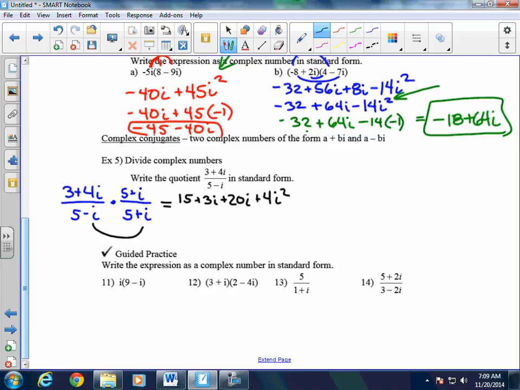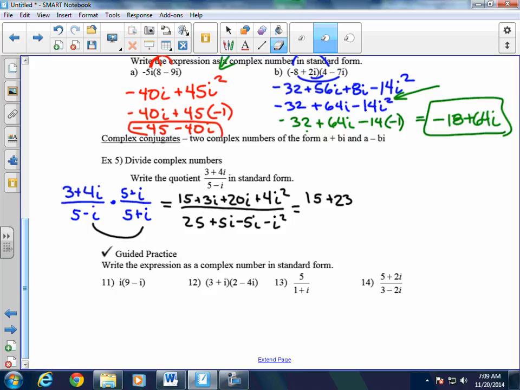The denominator, 5 times 5 is 25, plus 5i, minus 5i, minus i squared. So let's go ahead and add our like terms up. We're going to end up with 15 plus 23i plus, oh, forgot my i, 23i.